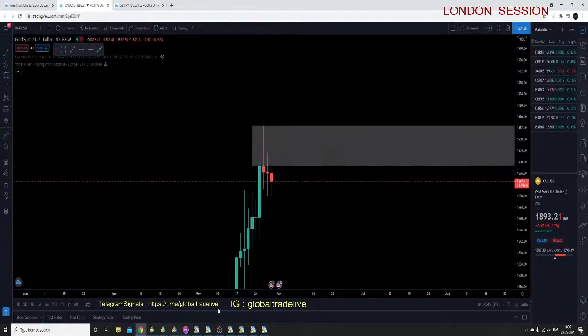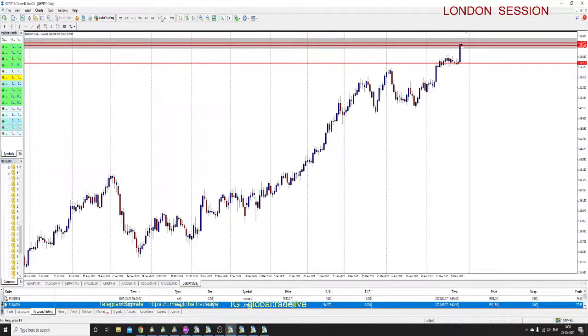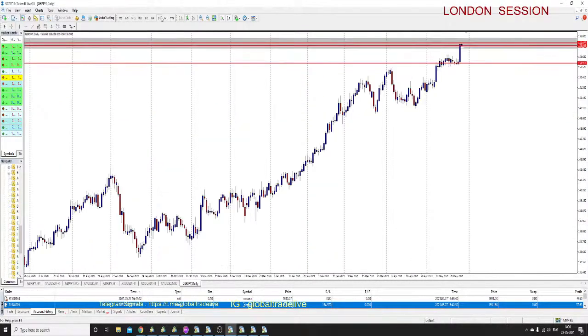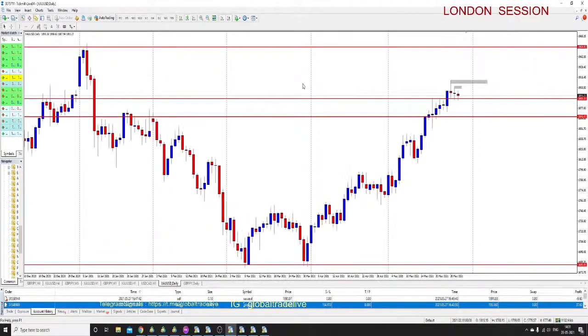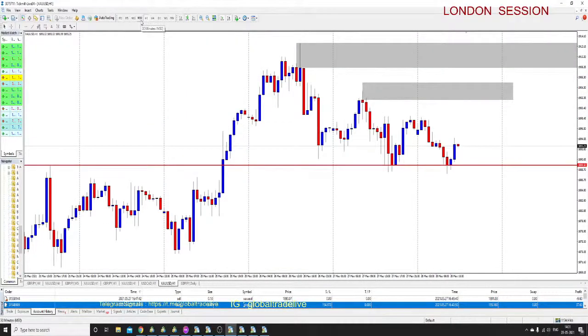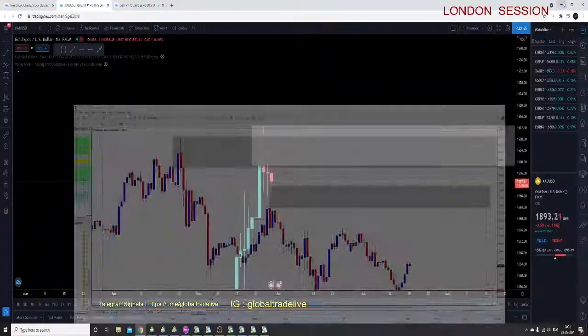Okay, in gold, let's see. Oh, this is GBP JPY. I really think that gold should be moving up. Really, really think that. So we'll be waiting for a good area to trade in gold.